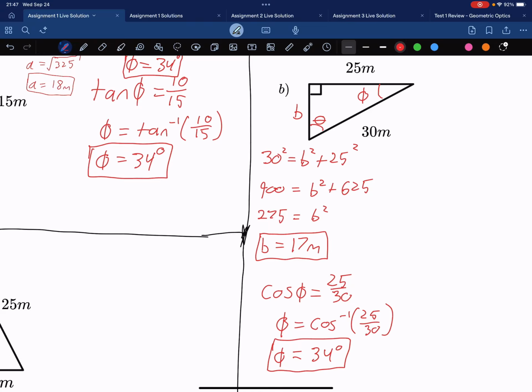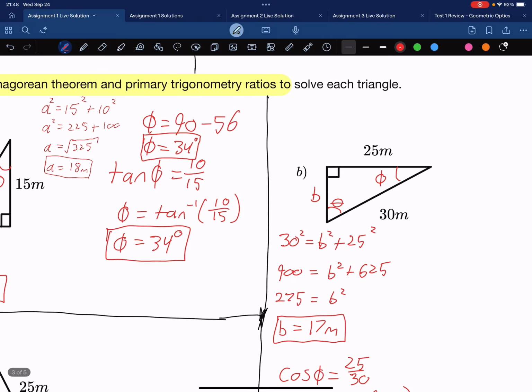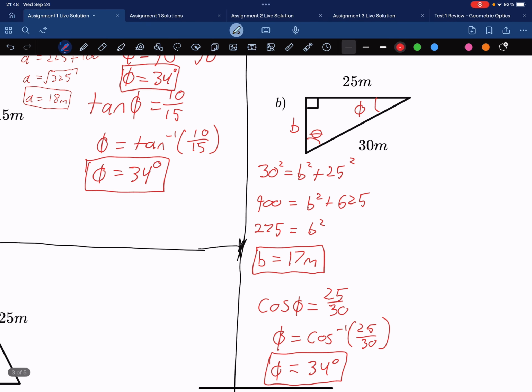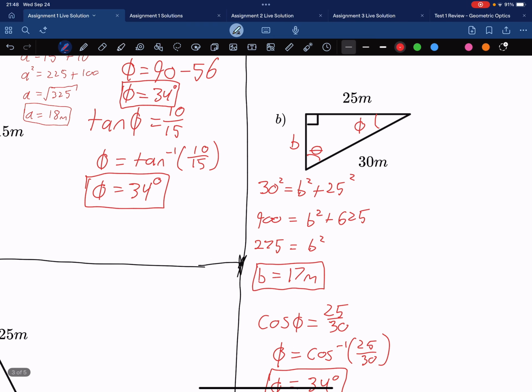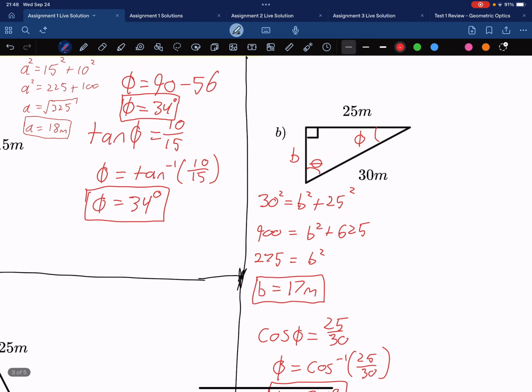Perfect. So for theta, again, you could do 90 minus 34, and then you'll get 56. But in this case, I will go ahead and use a primary trigonometric ratio. I'll use, why not cosine this time? Or, yeah, I'll use cosine again. I'll try to use sine on the next one then. Two of each.